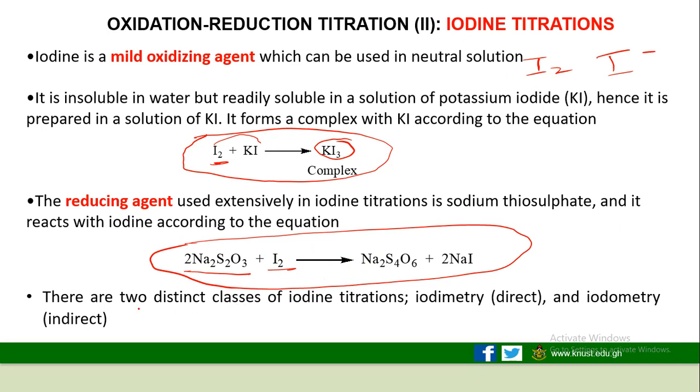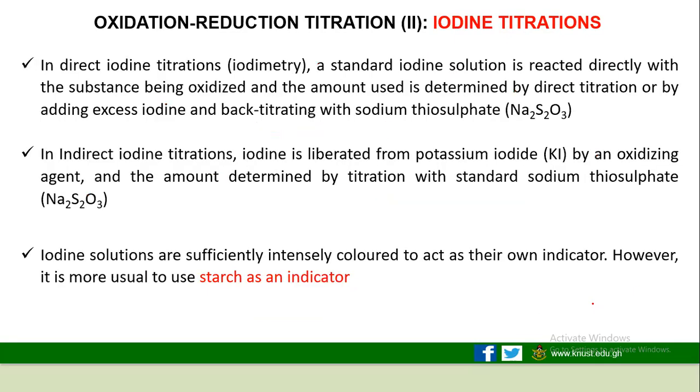Good. Now you are seeing there are two distinct classes of iodine titration. We have iodimetry, which is direct iodine titration, and we have iodometry, which is indirect. Good. Now let's look at the dichotomy between the two. In direct titration, iodimetry, we use a standard iodine solution.